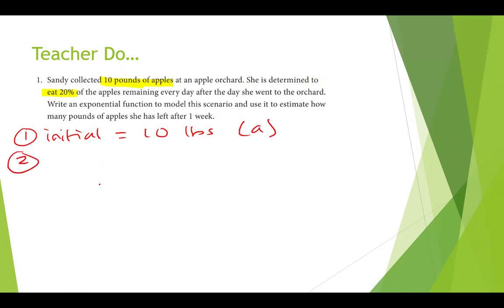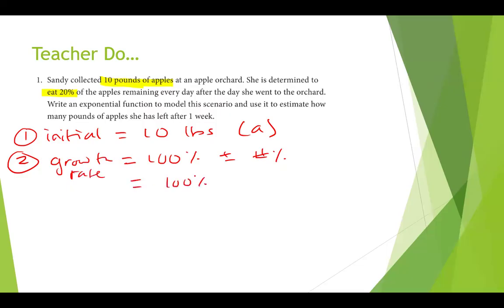Step 2 is to find our growth rate, okay? Your growth rate equals 100% plus or minus your percent. So in this case, what is our growth rate?